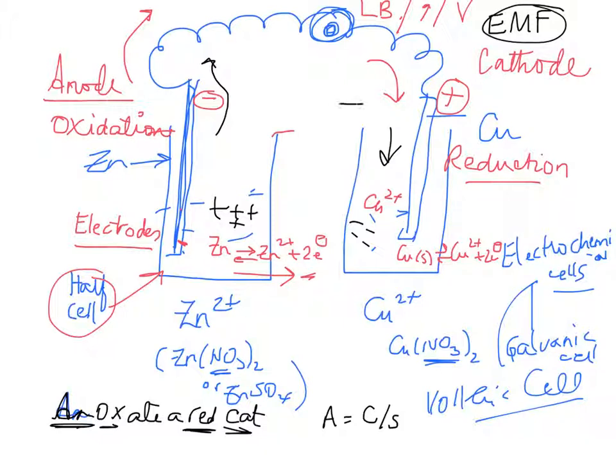For this reason, we use what is called the salt bridge. A salt bridge is nothing but sort of like a U-tube. It's of the shape of a U. So it's a U-tube, not the YouTube, but the U-tube. It is basically nothing but a glass tube.